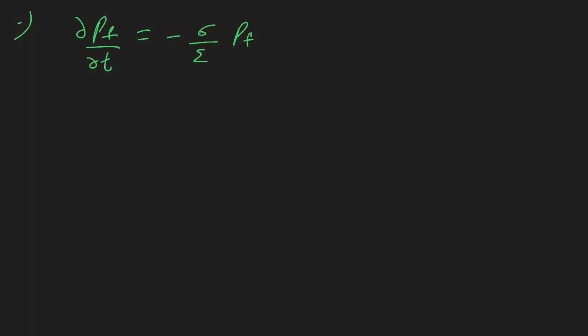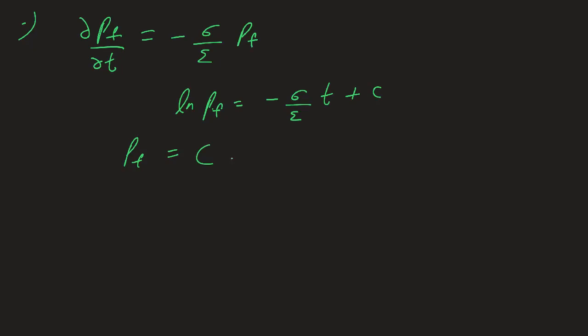So if we solve this, what we get is that the natural log of rho f is equal to minus sigma over epsilon times the time plus c, and so rho f becomes equal to some constant c times e to the minus of sigma over epsilon times t, right?